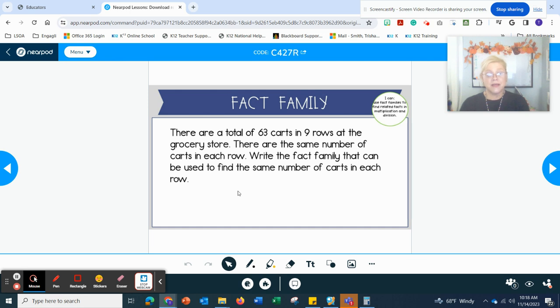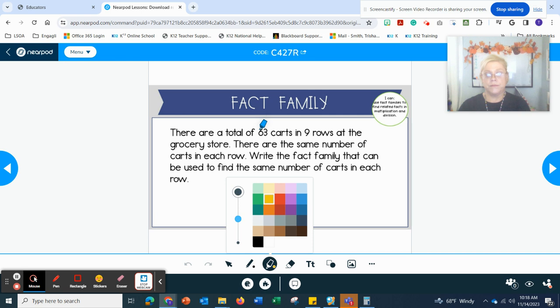So you're going to create a multiplication problem and then do the commutative property for this multiplication problem. You already know the total. It is 63. You already know one of the factors. It is 9. So what is the other factor?